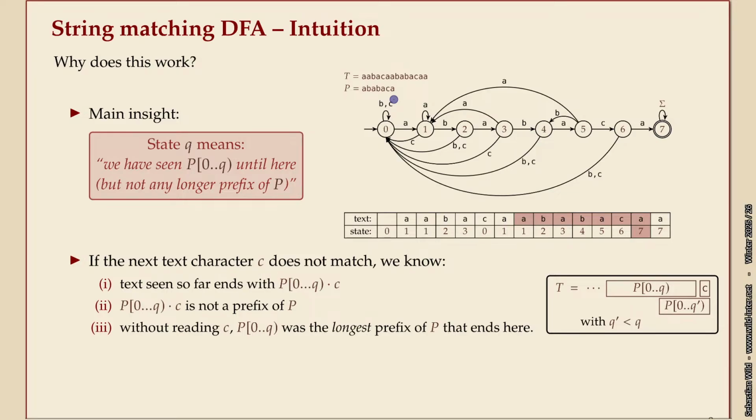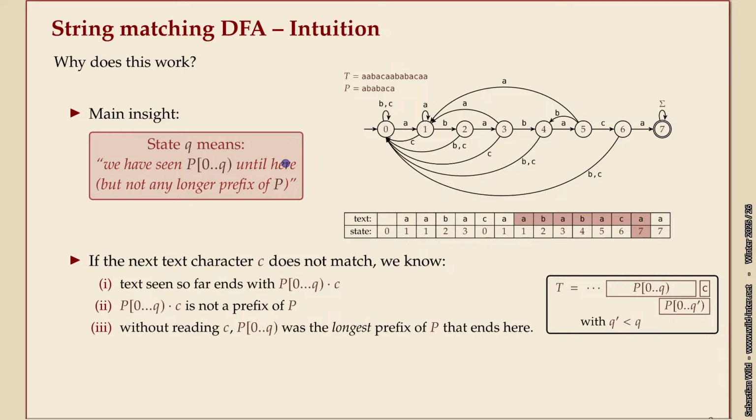But the reason is that if you've seen some initial portion of the pattern, and then you see another character, there's two options. Either you can extend to a one longer portion of the pattern by having one more character, or that doesn't work, but then all that you can have now is a potentially shorter prefix of the pattern if you always keep track of the longest prefix that you've seen so far.